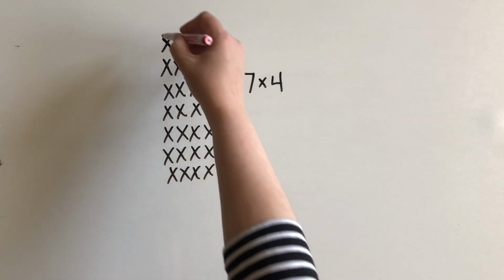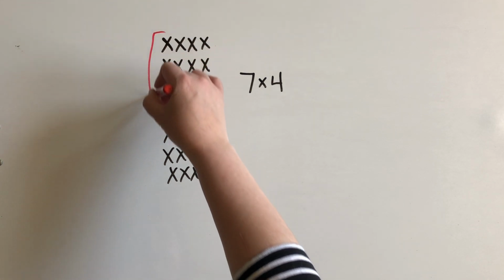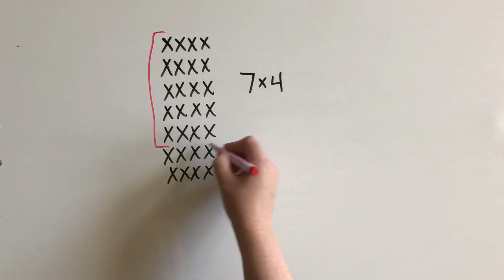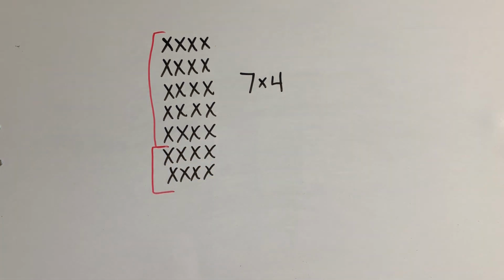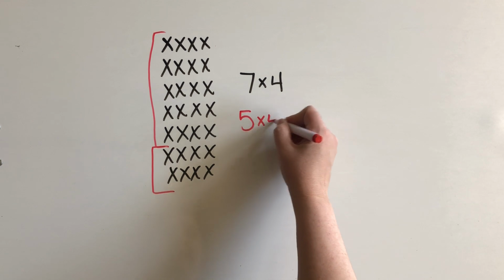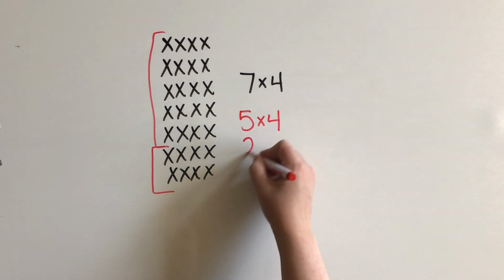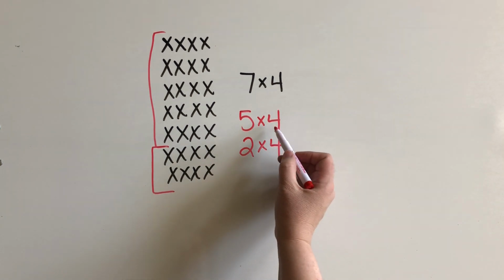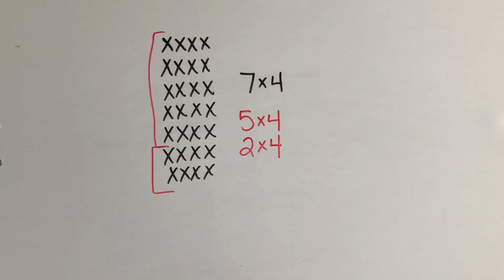I might see these rows of chairs and think to myself, okay, here are 5 rows of 4, and here are 2 rows of 4. So 7 times 4 is like saying 5 times 4 plus 2 times 4, right? I'm just going to add the rows in different parts.